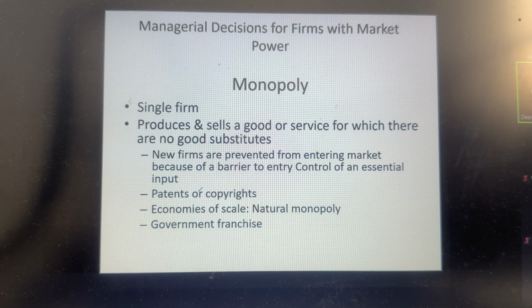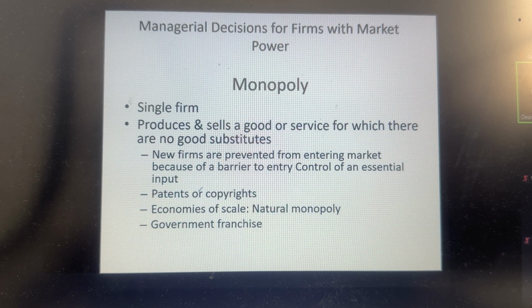A monopoly produces and sells a good or service for which there is no good substitute. In the monopoly producers, the product that they are selling, it's very difficult for us to find a substitute for it. So LP gas we have, litro gas we have, and to find another substitute is very rare.